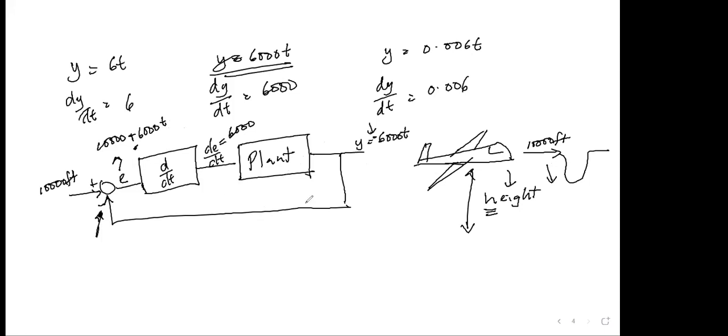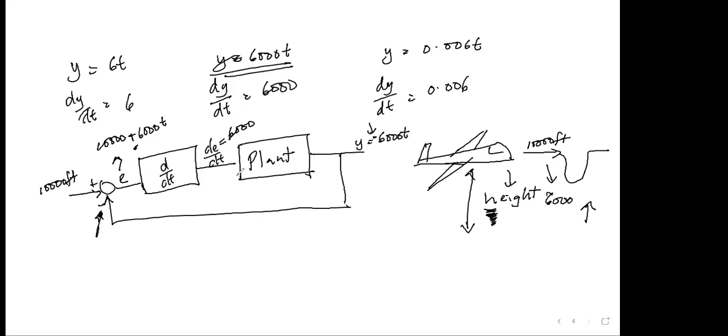Okay. So now, in other words, remember we're maintaining height. I'm just using it as an analogy. So it's going down at a rate of 6,000 t, and whatever the plant is, that is supposed to push it up.